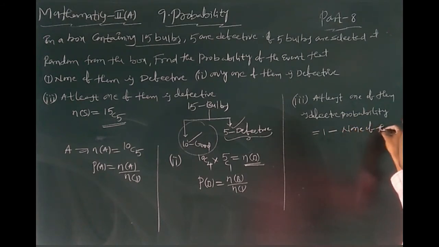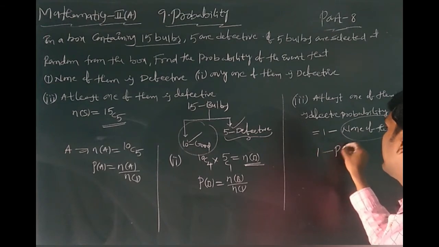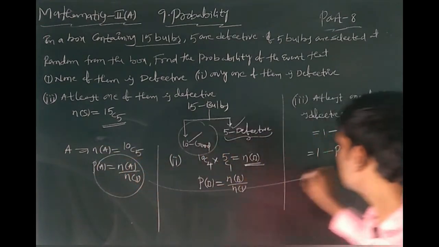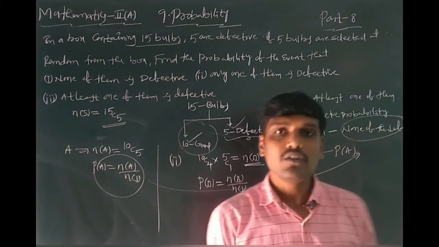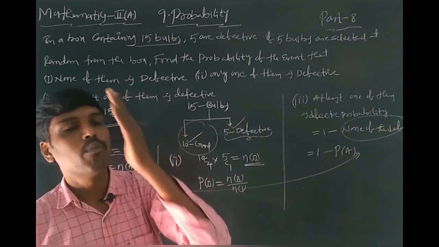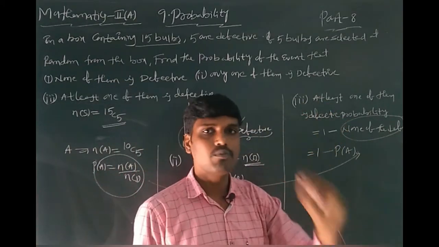That means 1 minus P of A. Here you can find this P of A and substitute it in this place. You get the probability that at least one bulb is defective.